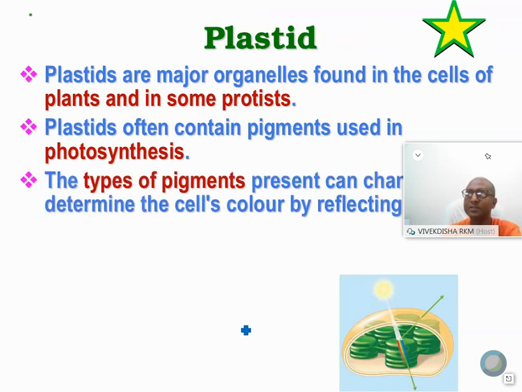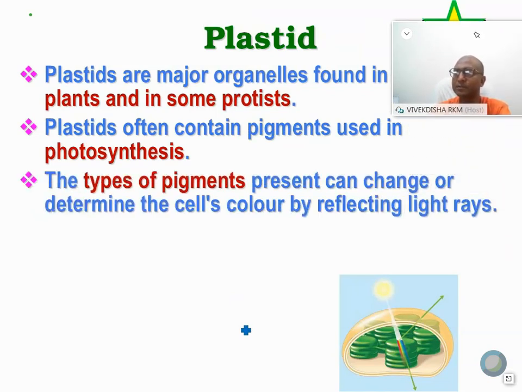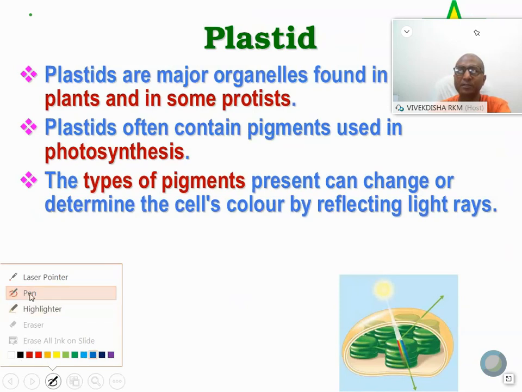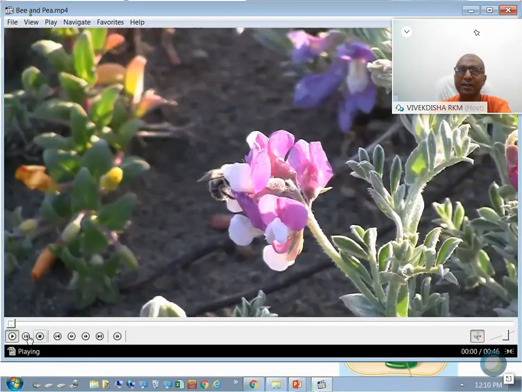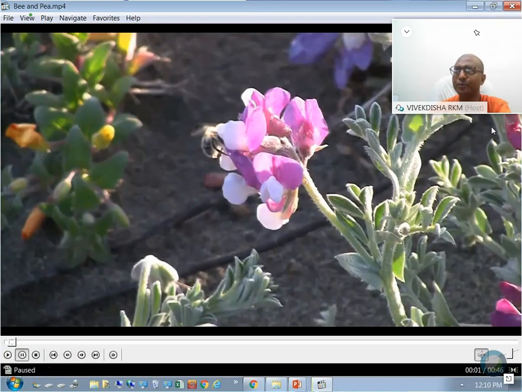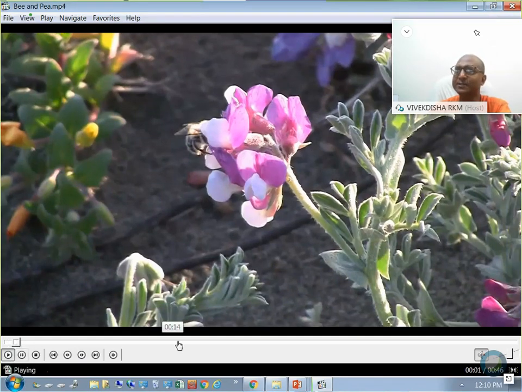There are several types of pigments present, and they can reflect different wavelengths of light. So for color, we generally find these things present. I think it is familiar to all of you when you visit a garden, you find multiple colors.